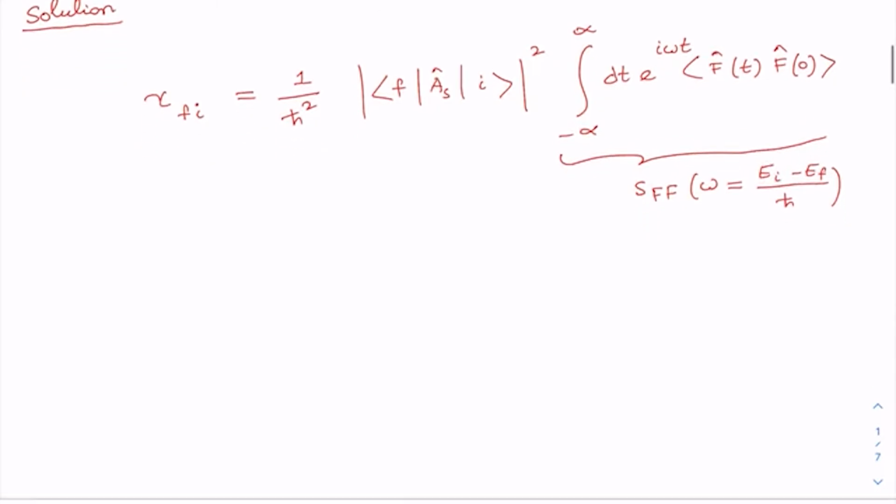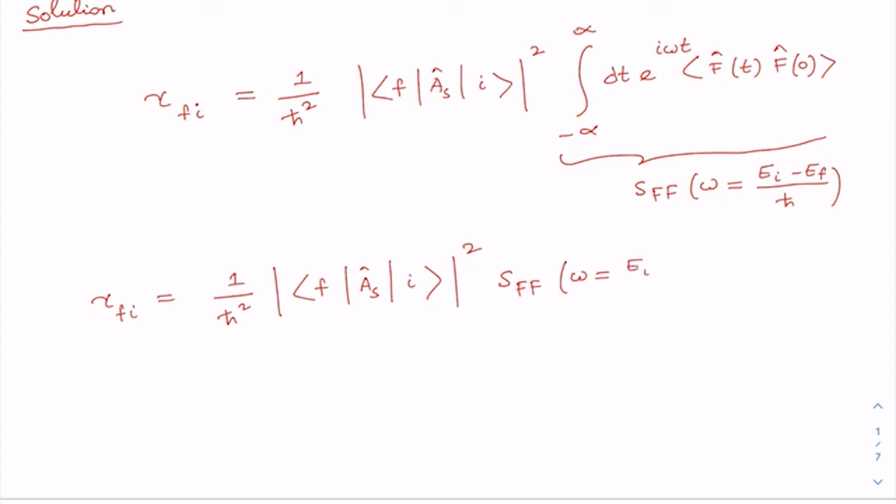Or let me write it here as gamma_FI is equal to 1 by h-bar squared, modulus of this matrix element, that is I to F, you are going via A_S, and S_FF evaluated at omega equal to (E_I minus E_F) by h-bar.